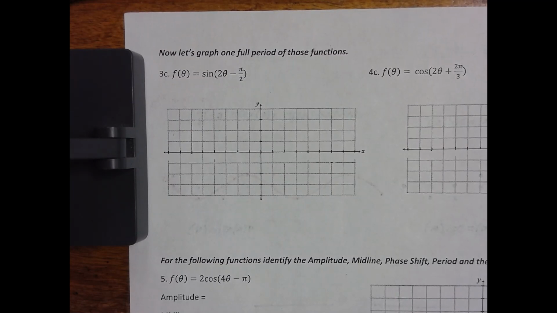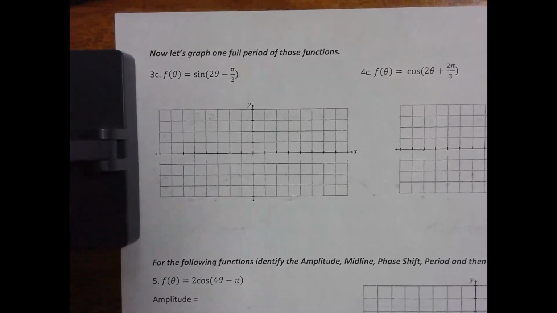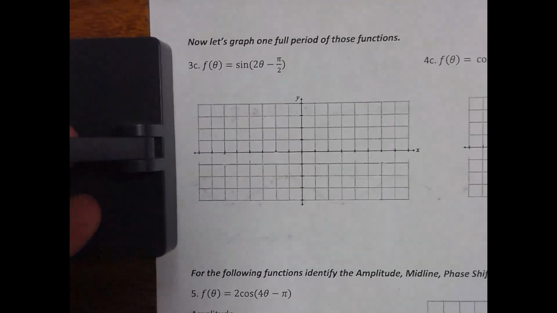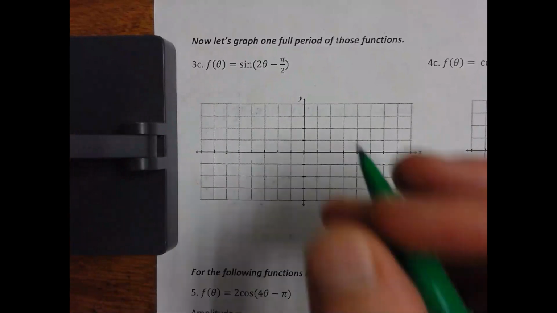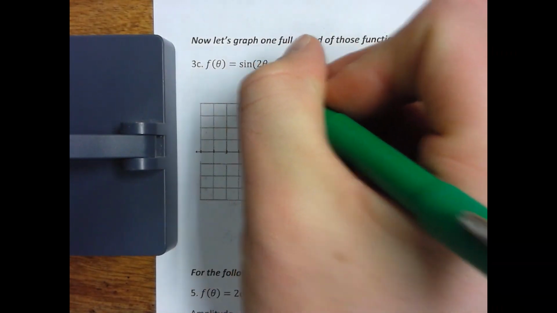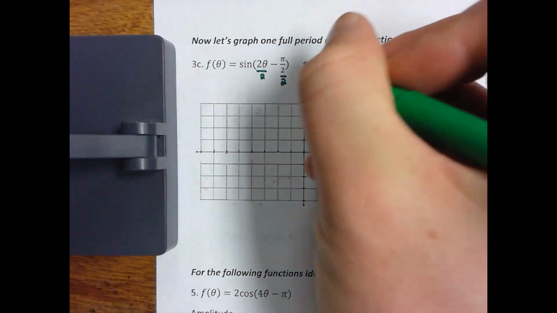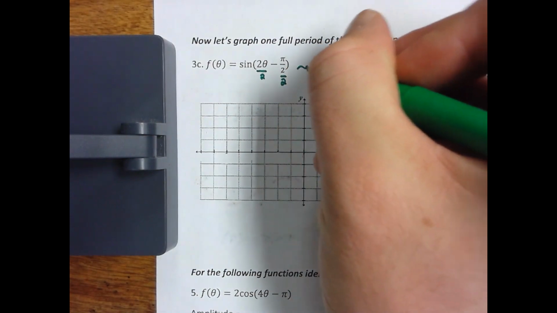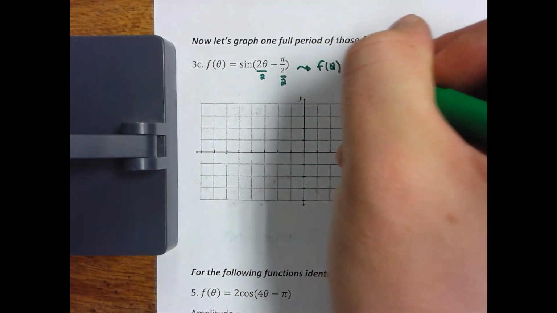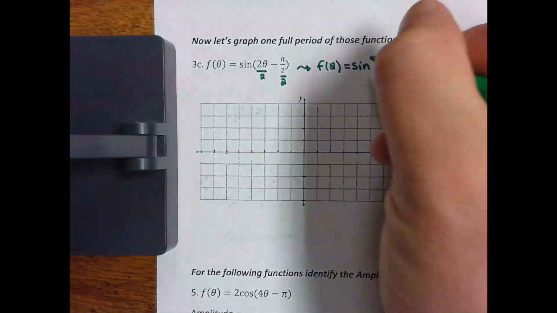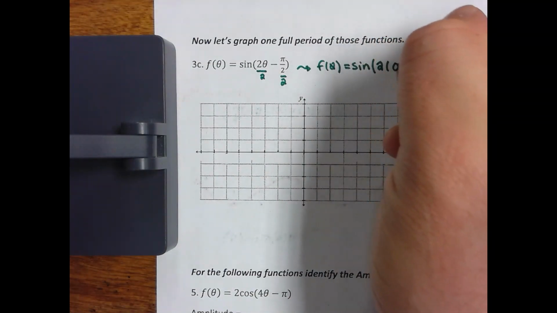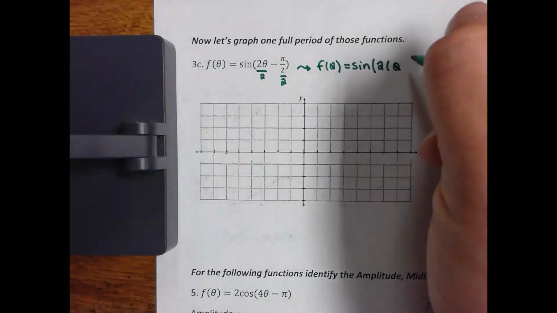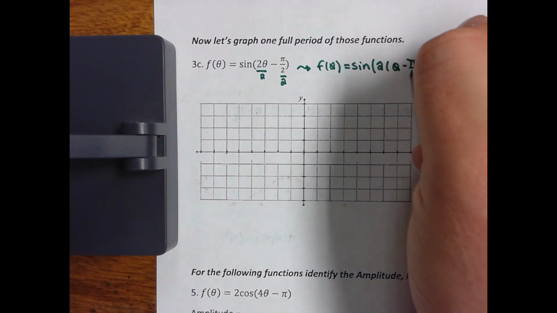Okay? All right. First thing we need to do is exactly what we just practiced in getting theta to be 1. So I'm going to divide both of these terms by 2. And by doing that, that makes my equation f of theta equals sine of 2, that would be theta, and then minus pi divided by 4.